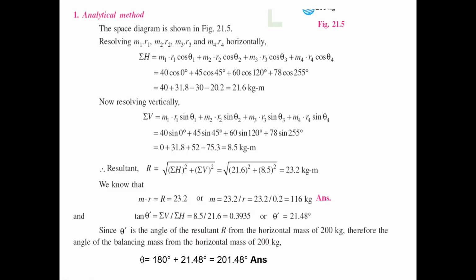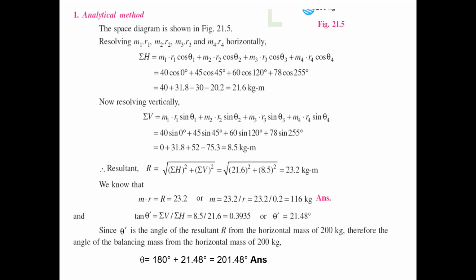How do we find the direction? We already know the formula: tan theta equals sigma V by sigma H. Substituting the values, 8.5 by 21.6, tan theta equals 0.3935, and theta equals 21.48 degrees. But the thing is, where you have to place the balancing mass.